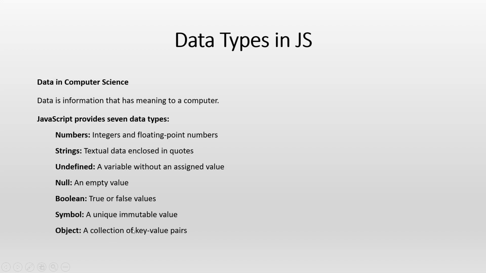Object is like a bunch of flowers. It contains different kinds of flowers. In a similar way, an object is a collection of key value pairs. Generally, what is the definition of object?